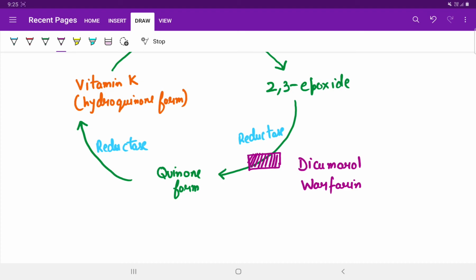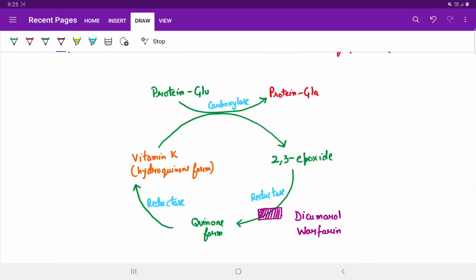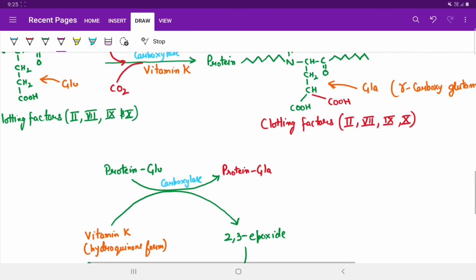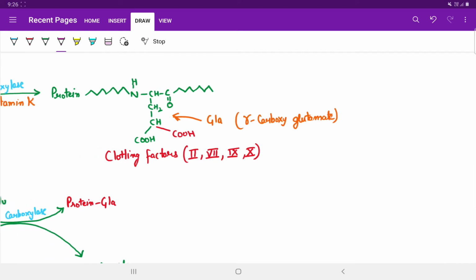So now you can easily see how this reaction occurs. Another part is how these clotting factors actually contribute to the blood clotting mechanism. We have the gamma carboxyglutamate over here. So how does this lead to binding of calcium with the phospholipids and lead to clot formation?